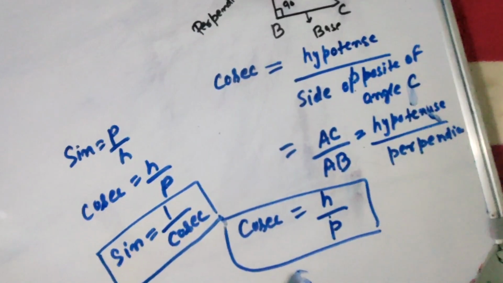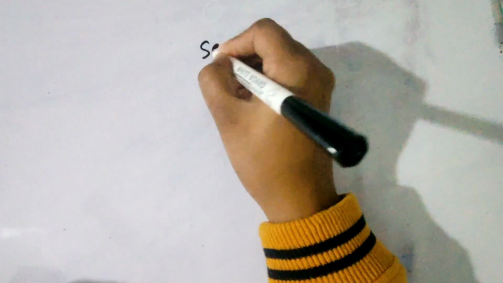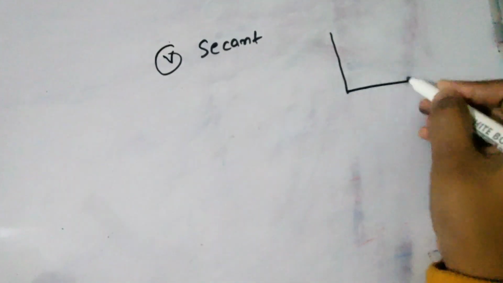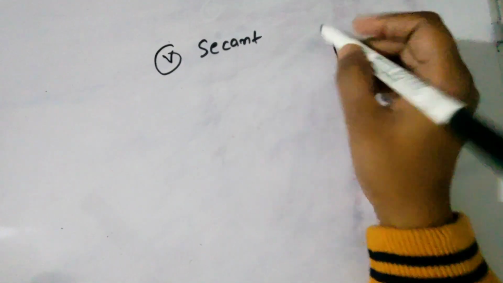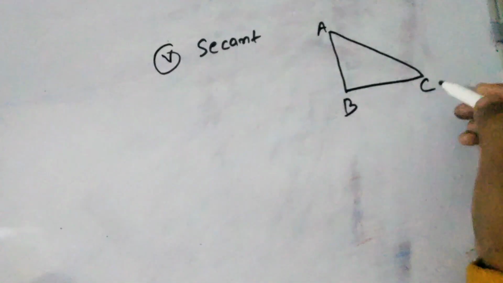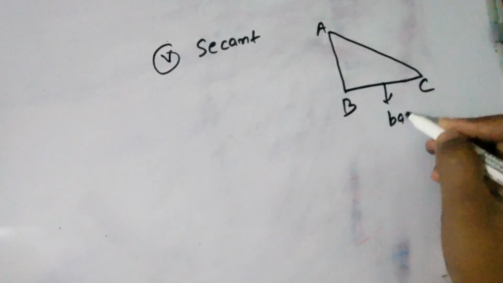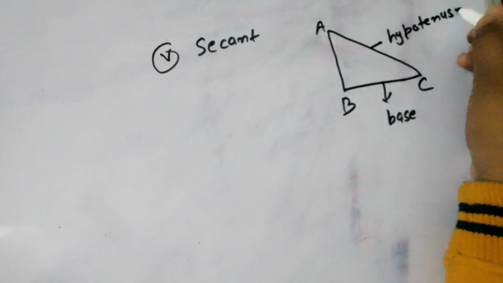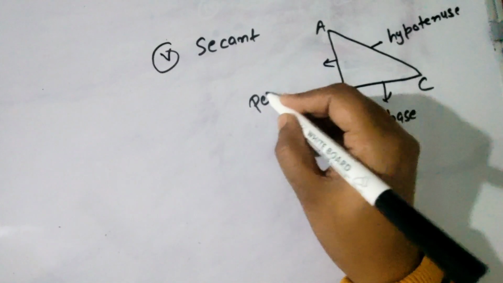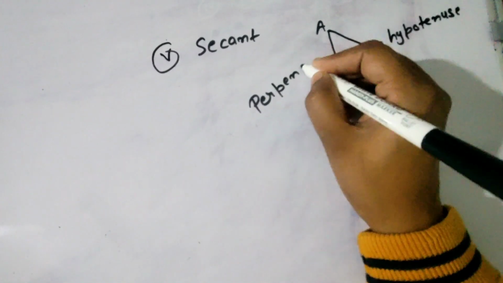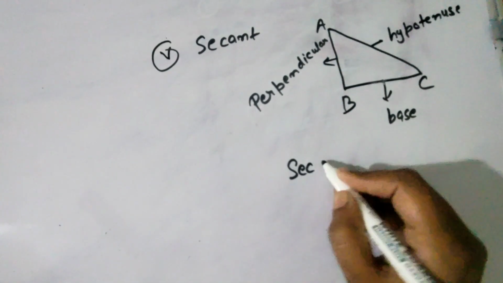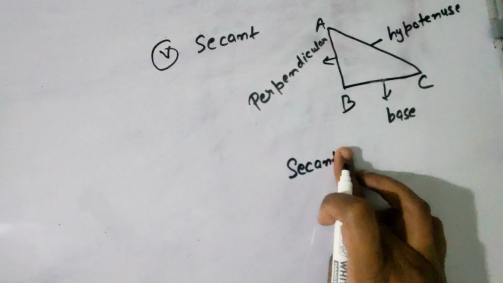Then next go for sec. Next is secant. This is the fifth one. For secant, draw one right angle triangle A, B, C. This is the base, this is the hypotenuse, and this is the perpendicular. Secant is the short form for sec.